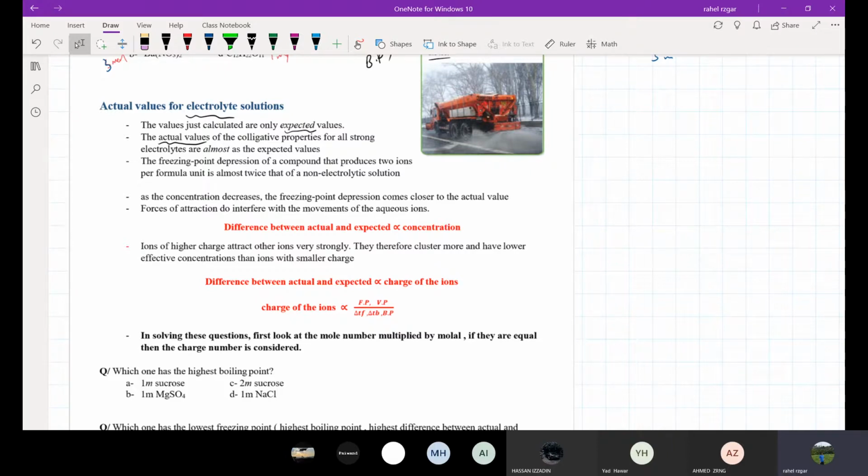For example, the freezing point depression of a compound that produces 2 ions, so if the factor is 2, is almost twice that of a non-electrolyte.